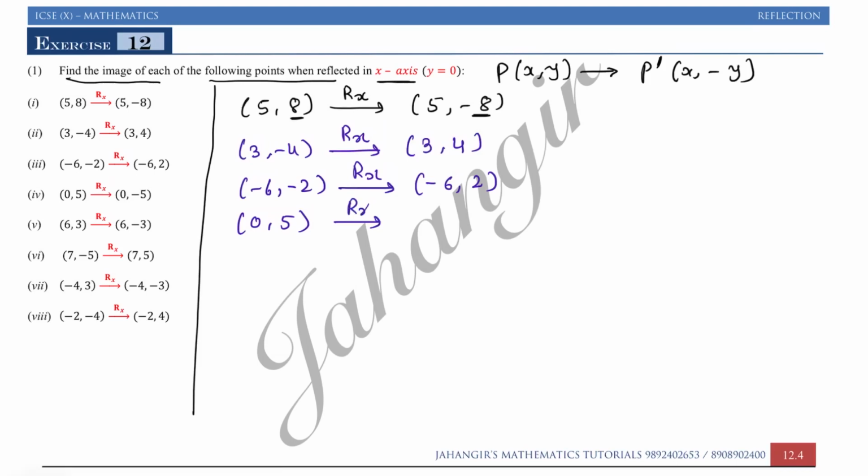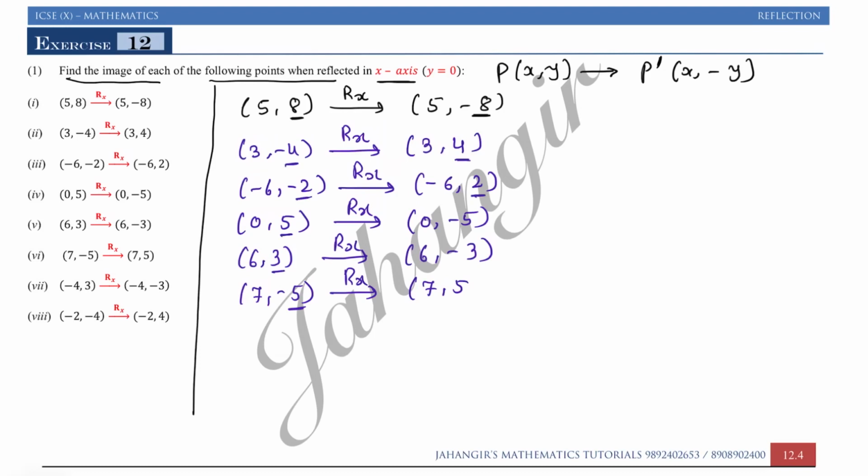When reflected in x-axis, you will get 0, -5. 6, 3. When reflected in x-axis, you will get 6, -3. 7, -5. When reflected in x-axis, you will get 7, 5. See, everywhere we have just changed the y coordinate की sign. बाकी x coordinate is always same when reflected in x-axis.